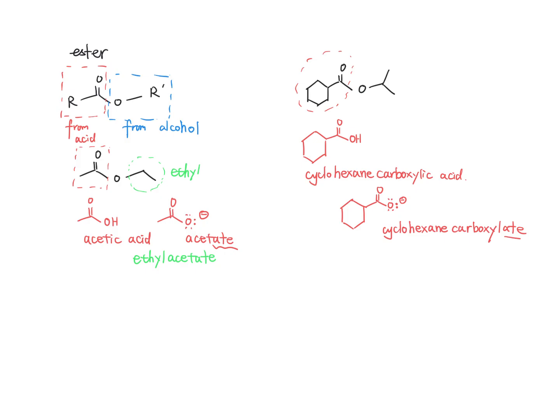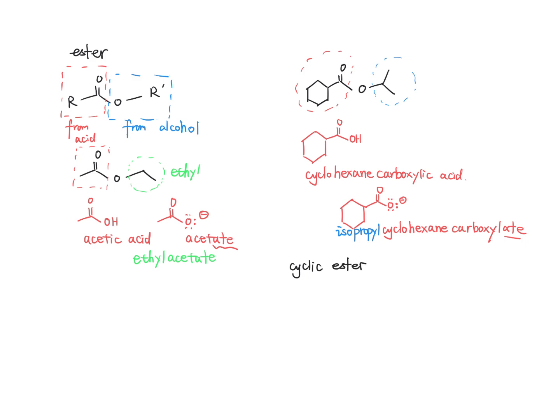So cyclohexane carboxylate. And now for the alcohol part, what is our R group? Our R group is the isopropyl group. So we are going to put it in the front: isopropyl cyclohexane carboxylate. The next one we are going to talk about here is when you have a cyclic ester.